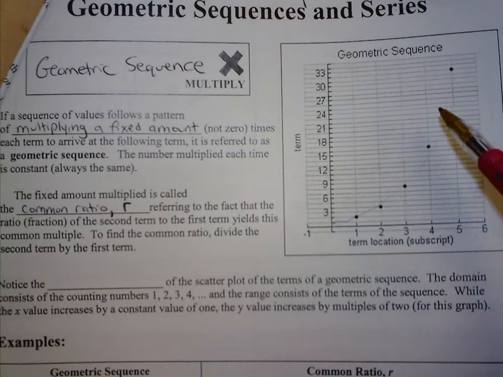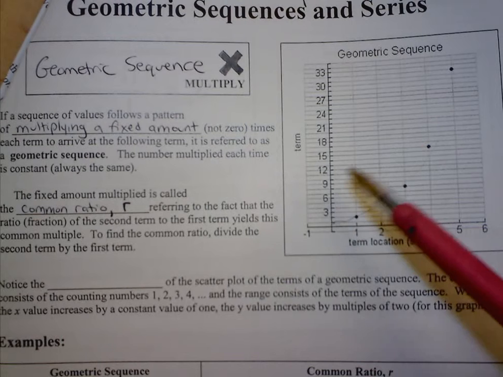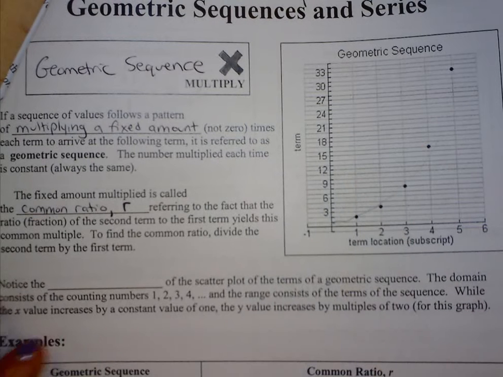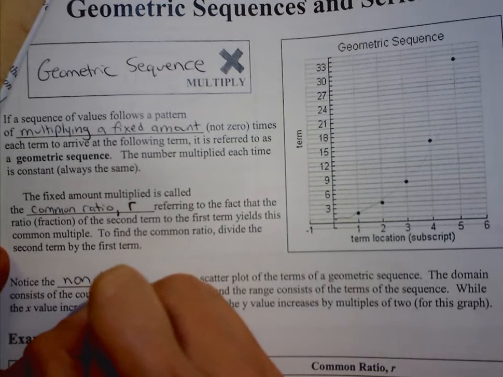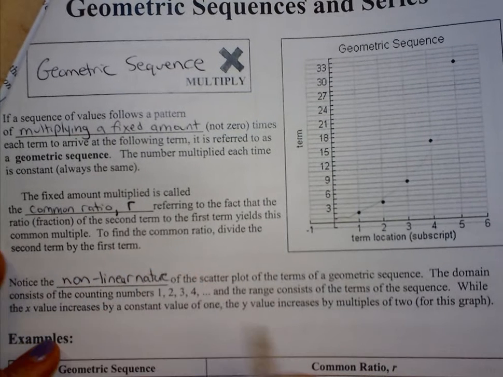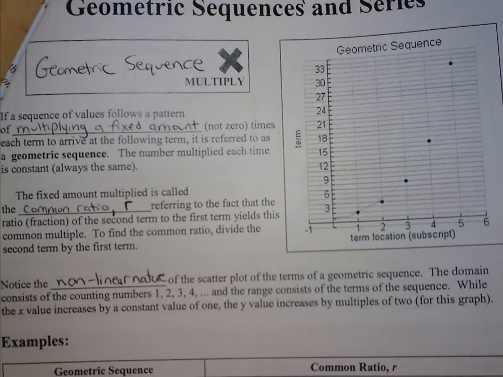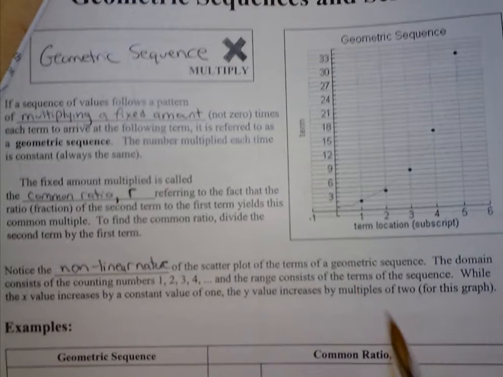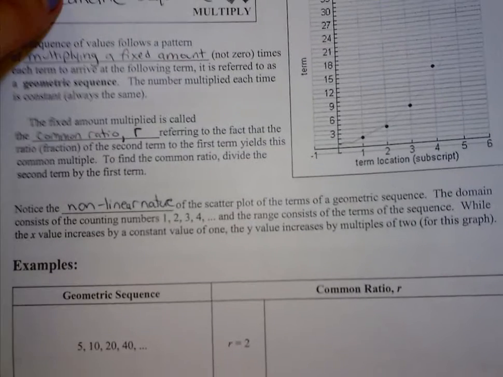So this goes hand in hand with what we learned a couple units ago. So notice the non-linear nature of the scatter plot. So it's actually an exponential, whereas our other one was a linear.